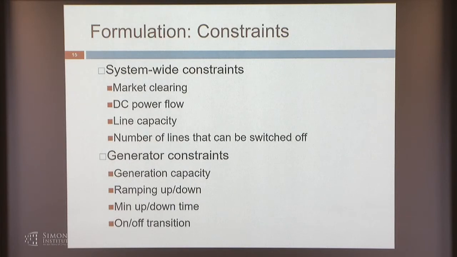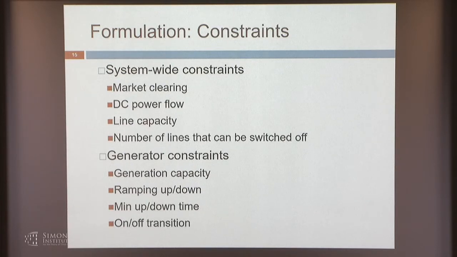Because if we put a binary variable on every transmission line, it becomes a horrendous combinatorial problem. So one way to control the complexity is to say, okay, we're going to find the 5 best lines to switch, or the 10 best lines to switch, and this reduces the complexity. We also have generation capacity constraints, ramping up and down, minimum up and down times, and on/off.